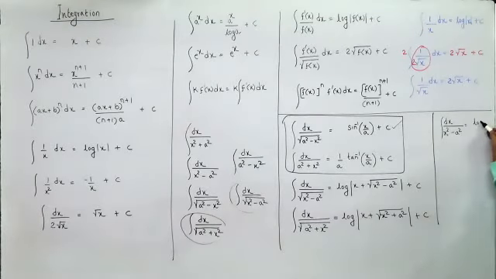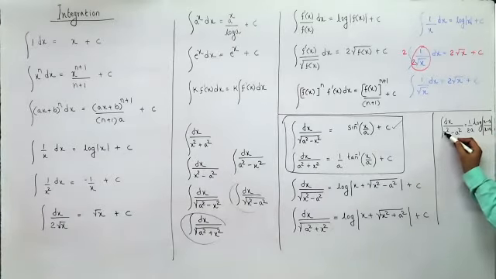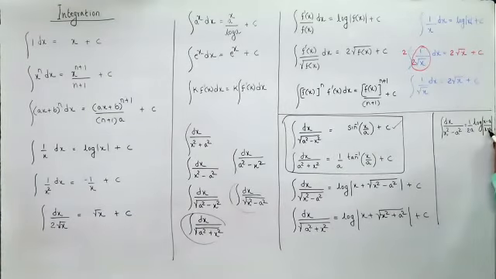It would be log of, if it is x square minus a square, write x minus a here, write x plus a here, and then here 1 upon 2a. Now remember, if x has a positive sign before that, you will get positive sign in the denominator. If x has a negative sign before it, write negative sign before it in the denominator. This would be the reverse of this particular sign.